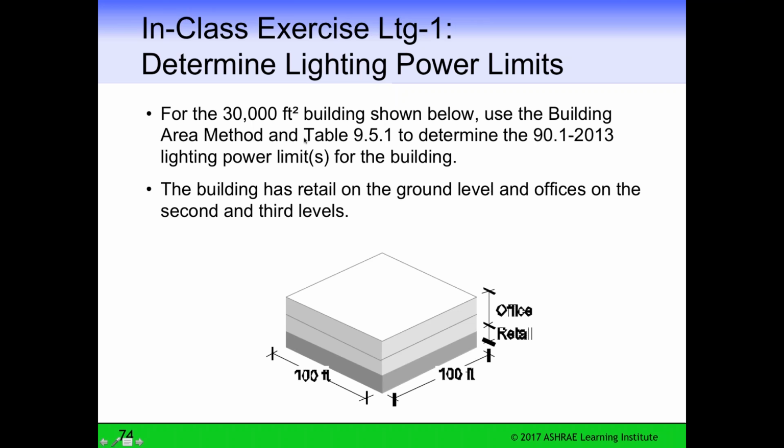Now here's an exercise that we would normally do, an in-class exercise. We've shown you what the exercise is. You can do it on your own. It's pretty straightforward on how to do it. It's how to calculate the total lighting power for a 3-story building where the first floor is retail and the second and third floors are office spaces.